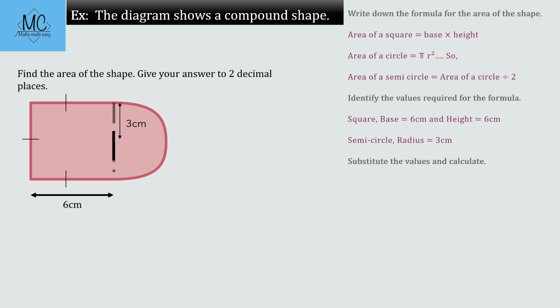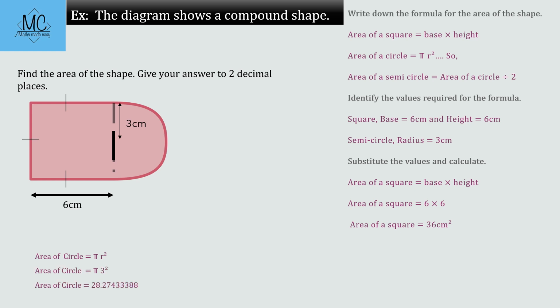Area of a square is base times height, it means 6 times 6, which is 36 centimeter square, and the area of a circle will be pi r square, so pi times 3 square. If you put this in your calculator, you'll find the answer as 28.274333388. Don't round this value at the moment, otherwise your final answer will be wrong.